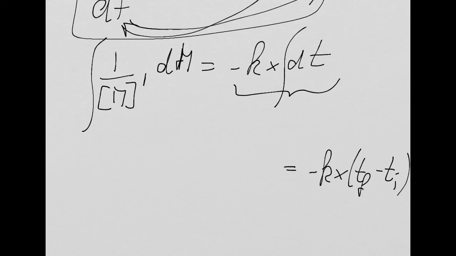I can't remember the remaining numbers. And we write this as ln m final minus ln of m initial. And the ln is to the basis of 2.718.